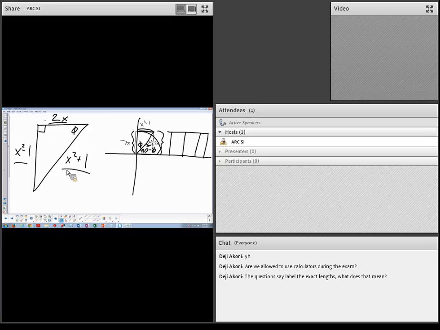Sine theta. Compute. What did I do wrong? Sine.